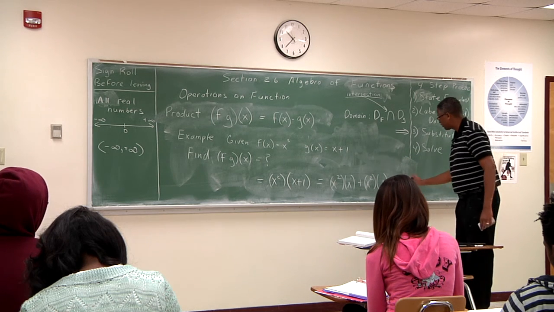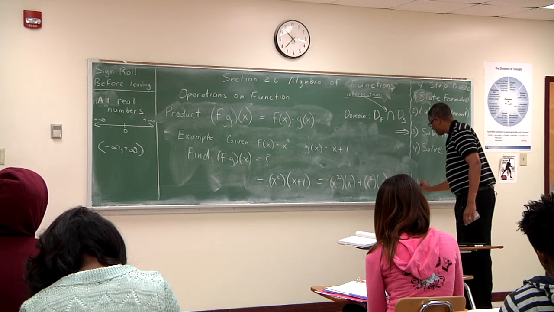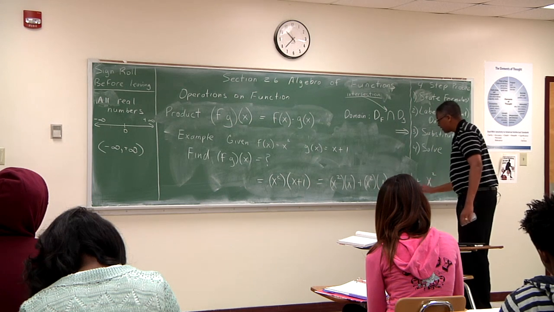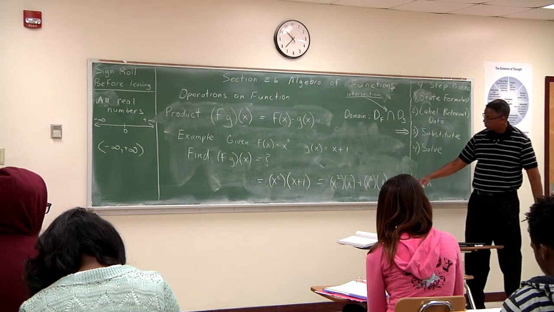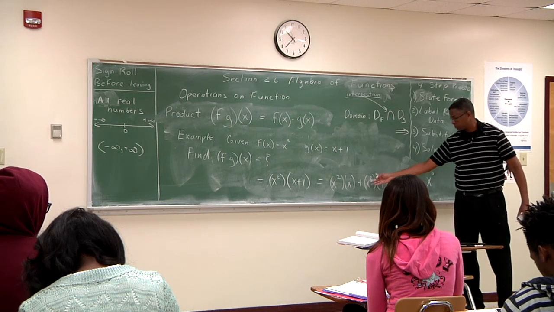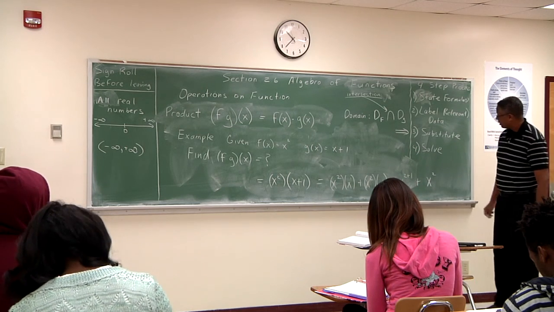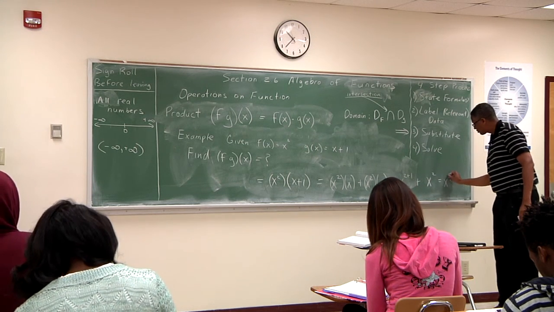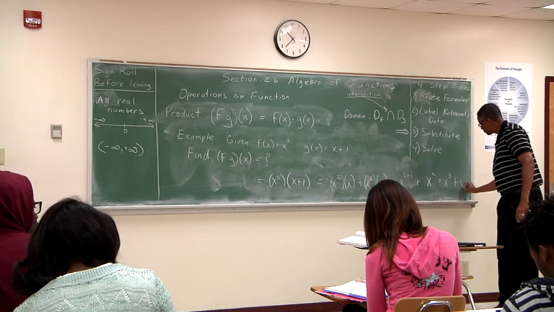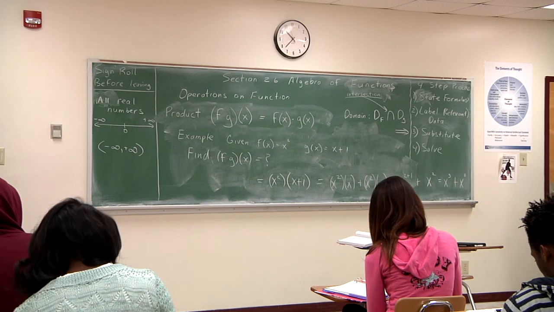So that's going to be x to the 2 plus 1, plus x squared, because another rule for math is if you multiply something by the number 1, you just get back the original something. So this is going to be x to the 3rd plus x squared for the final answer, okay?